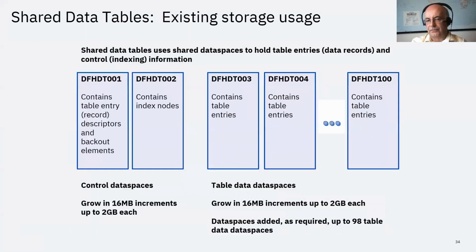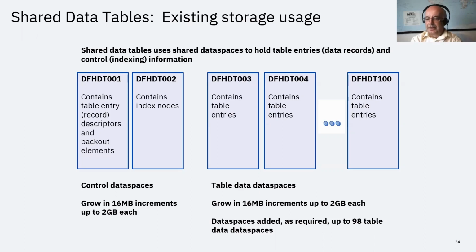So if you were able to, figuratively speaking, open the bonnet and have a look under the bonnet of what was happening for shared data tables, the way it's implemented in CICS is there are a number of data spaces, 31-bit data spaces. On the right-hand side of the slide, you can see that there are data spaces named DFHDT003 through up to 100.